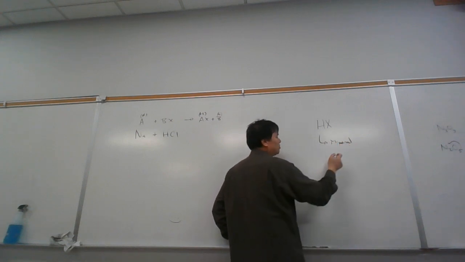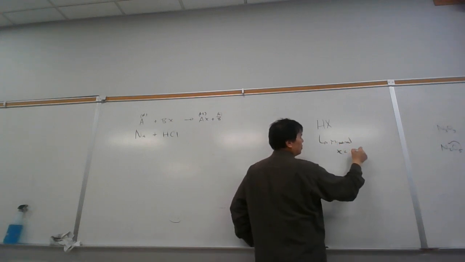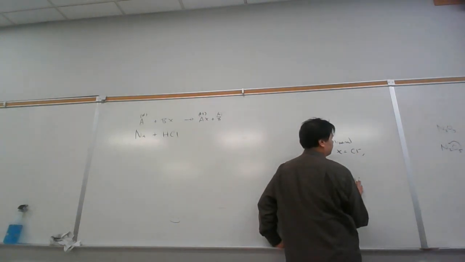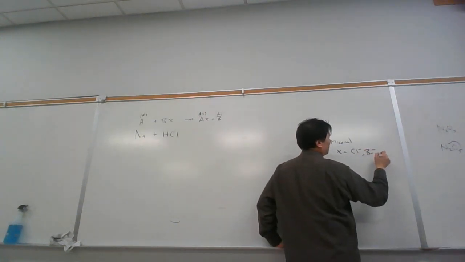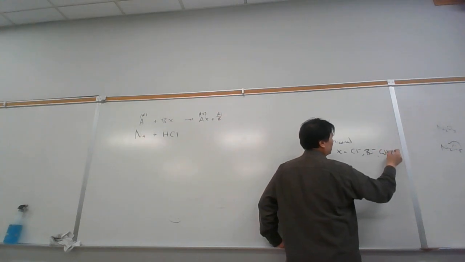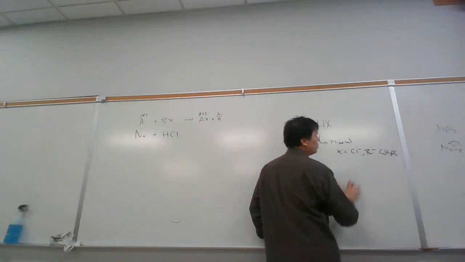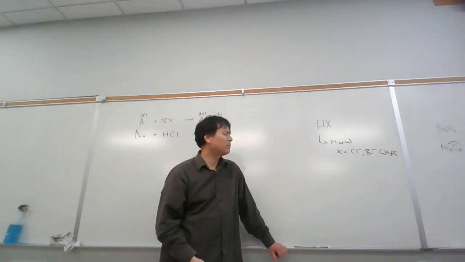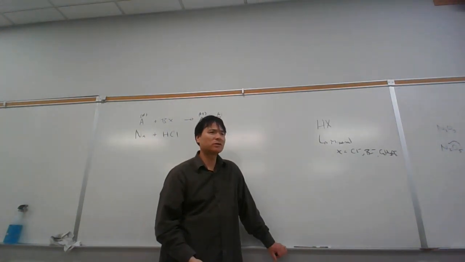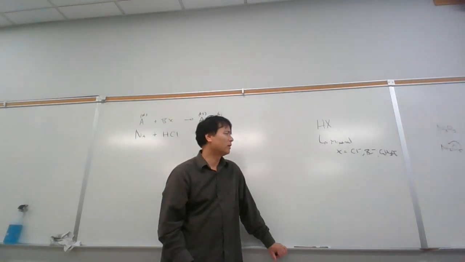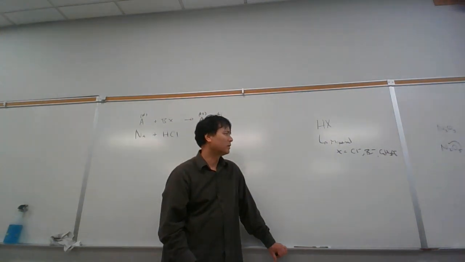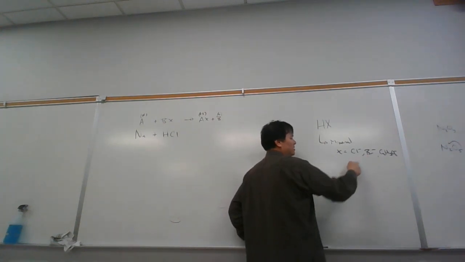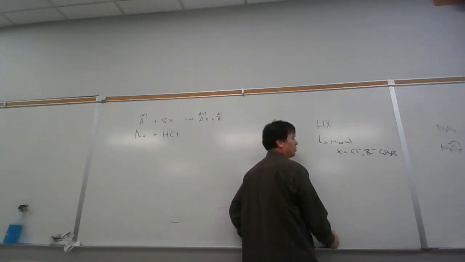The mineral acids, X is equal to things like chloride, bromide, acetate, etc. What do all these species have in common? They're all reducing agents. They all have electrons that they might lose. Some more easily than others. For example, bromide loses electrons much more easily than chloride.